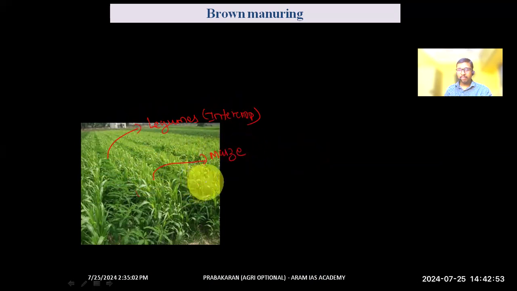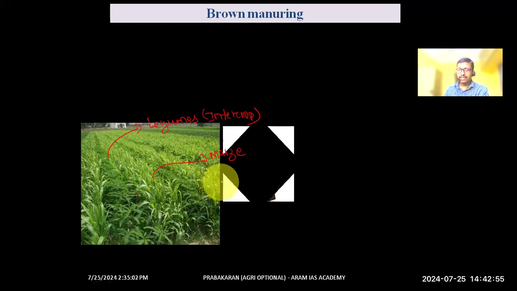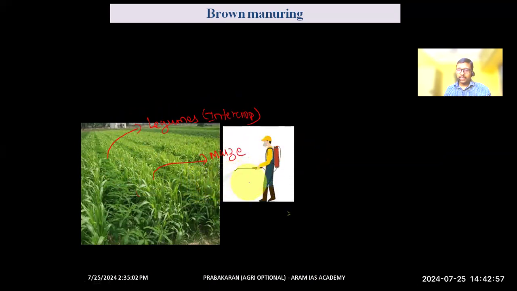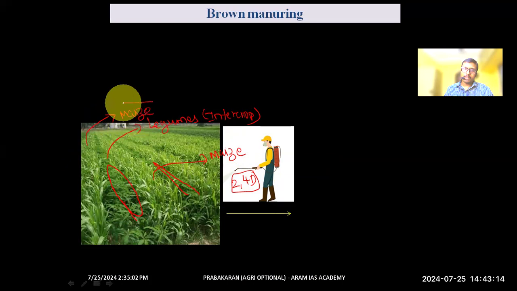After some period of time, we use a selective herbicide. The selective herbicide used here can be 2,4-D. It selectively kills the dhaincha plant, whereas it doesn't harm the maize plant. Maize plants were not affected by spraying the 2,4-D.